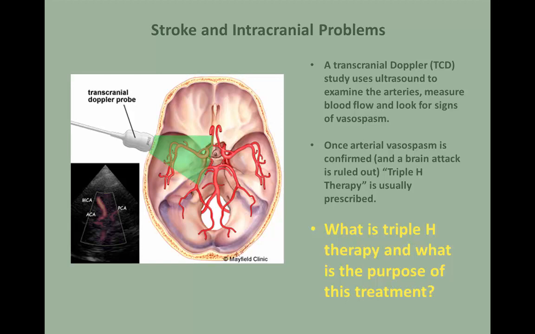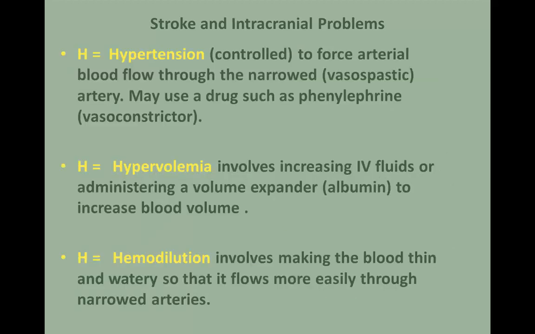Once that's confirmed, then triple H therapy is usually prescribed. So what is triple H? Again, I want to remind you that vasospasm occurs in 70% of patients with a subarachnoid hemorrhage. This is not a problem seen with ischemic strokes. This is unique to subarachnoid hemorrhage.